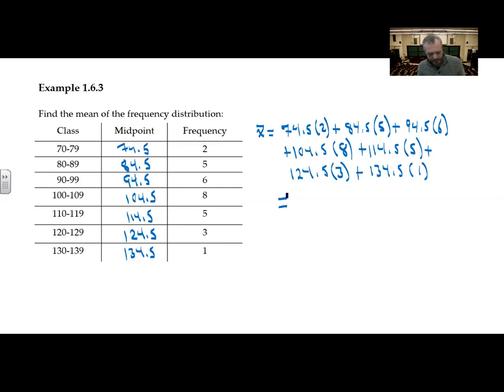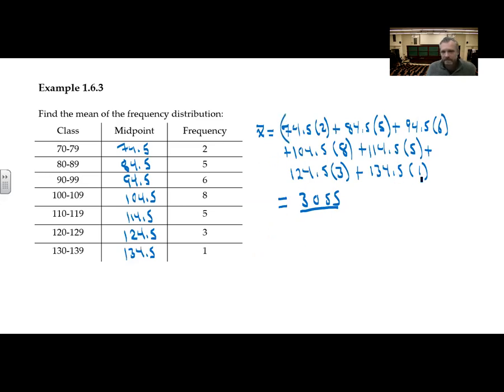All right. So I'm getting a grand total of 3,055. And then we need to divide that by, oops, a little ahead of myself here.